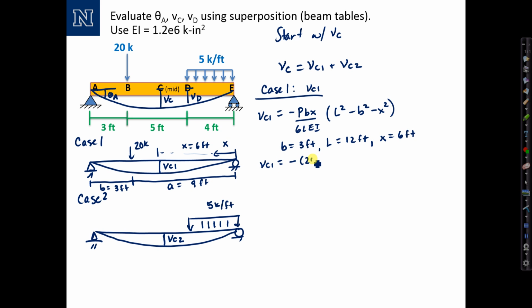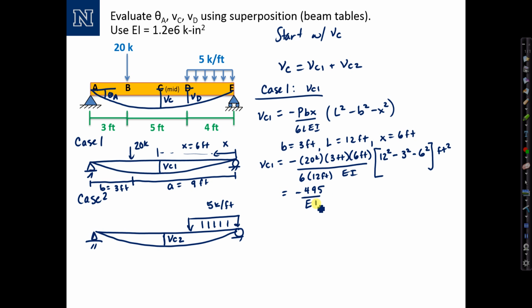P equal to 20 kips, B equal to 3 feet, X equal to 6 feet, times L squared, 12 squared, minus B 3 squared, minus X 6 squared, and that whole thing has units of feet squared, divided by 6 times L, 12 feet, over EI. And all the numbers in there compute to negative 495.